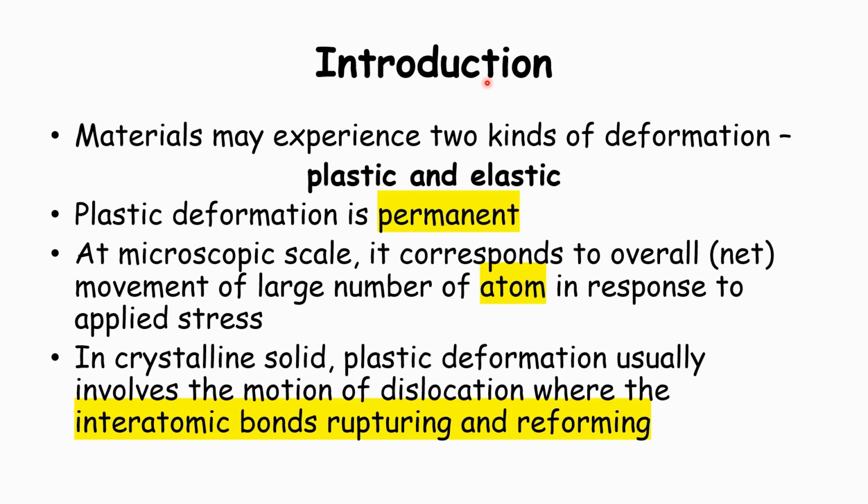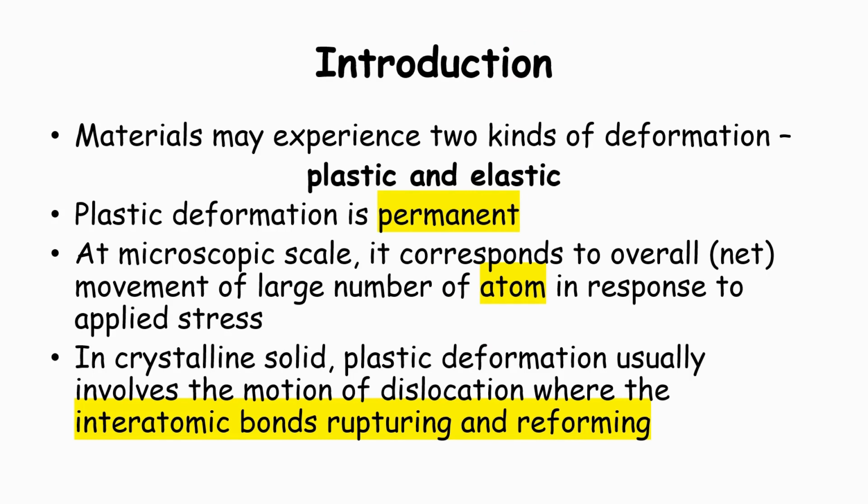And we also have plastic deformation, where the mechanical loading will cause a permanent size and shape change to that particular material. Plastic deformation is permanent at the microscopic scale. It corresponds to the net movement of a large number of atoms in response to the applied stress. In a crystalline solid, plastic deformation usually involves the motion of dislocations, where the interatomic bonds will rupture and reform.